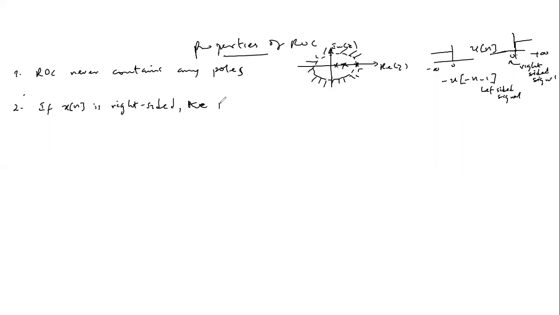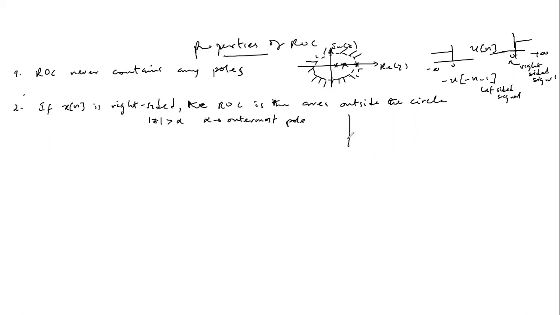Okay, so if the input sequence is right-sided, then the region of convergence is the area outside the circle. That is mod Z is greater than alpha, for instance, where alpha is the same as the outermost pole.